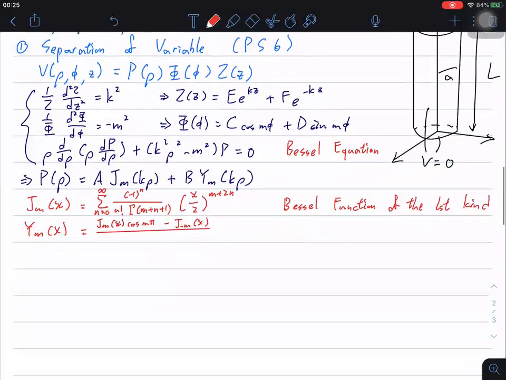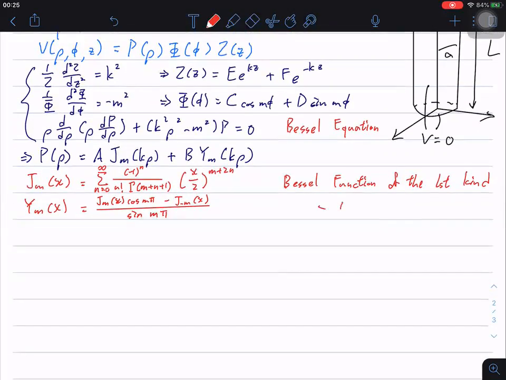Okay, so this one is the Bessel function of the second kind. So these two are linearly independent solutions of the Bessel equation. Also notice that so far you don't have any constraint on the constants k and m, because we haven't put in any boundary conditions.